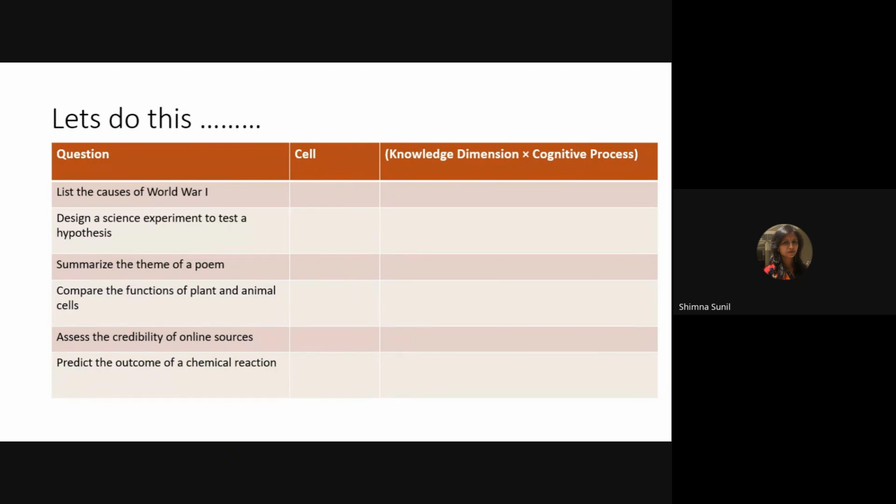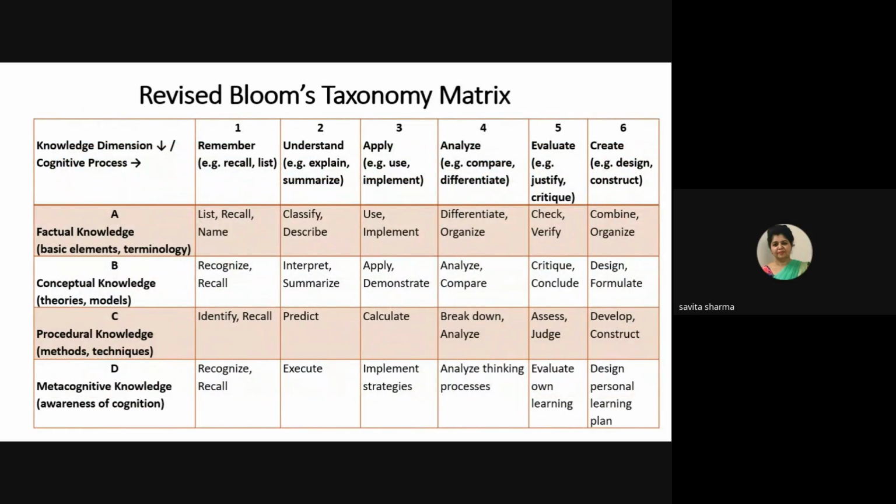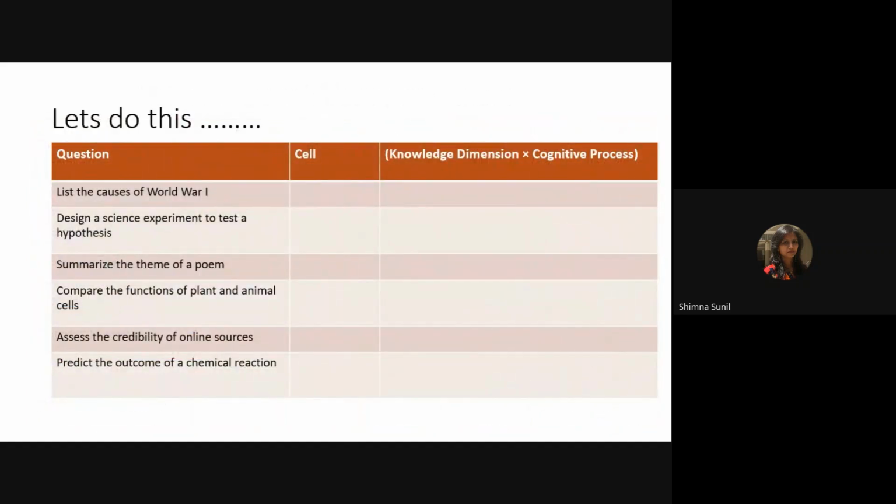We have the plant cell, we have the animal cell, and we distinguish between them. So where will it fall? B4. Yeah, excellent. Next, assess the credibility of online sources. Now this can be a bit tough.